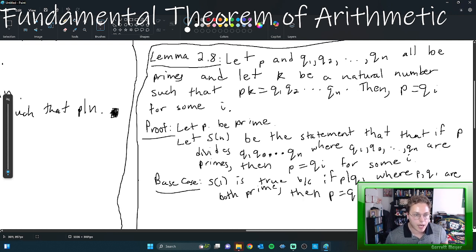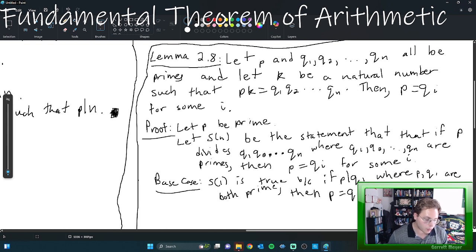So you note here that n is equal to 1. So this product of primes is just Q1. If n was 2, it'd be Q1, Q2. If n was 3, it'd be Q1, Q2, Q3. But here, since n is 1, that's what we're starting with. It's just Q1. So we have to show that P equals Q1.